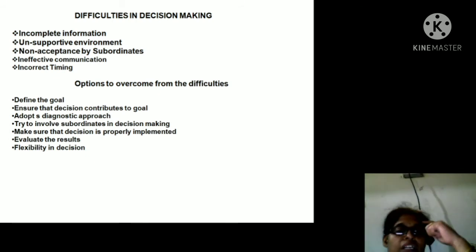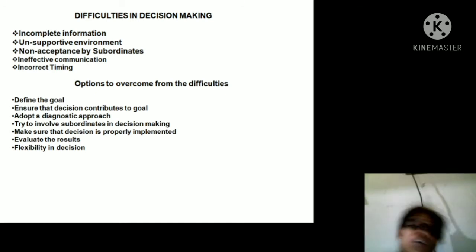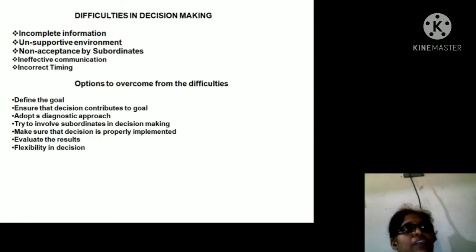Define the goal, then ensure that the decision contributes to the goal. Whatever decisions are taken by the managers must be helpful to achieve the goal or the set targets of the management. So first of all, define the goal properly, the goal which every management has decided.